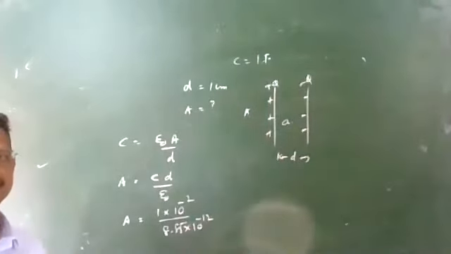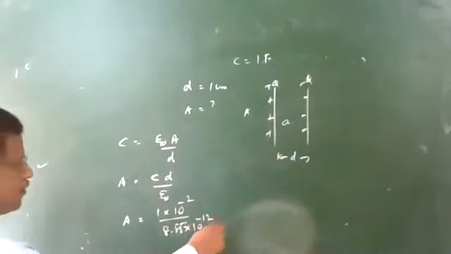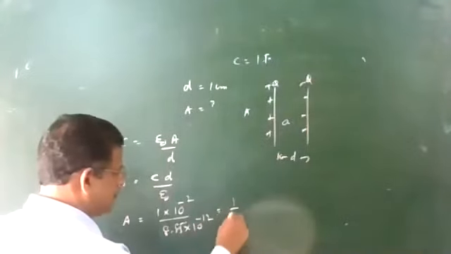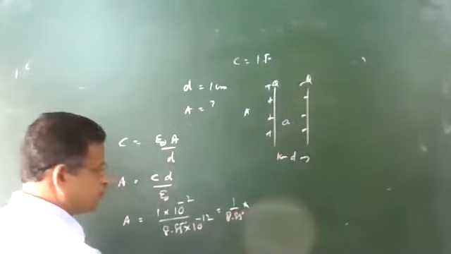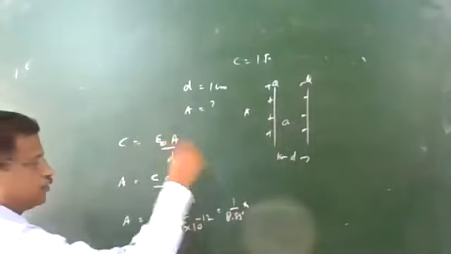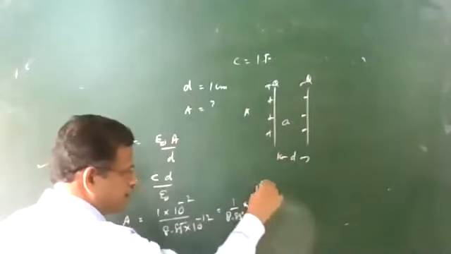So approximately you have to calculate this value. 10 to the power of minus 12 is coming to the numerator. Calculate the value and tell me what you are getting here. 1 upon 8.85, 10 to the power of minus 12, going to the numerator, then you are getting 10 to the power of 10.